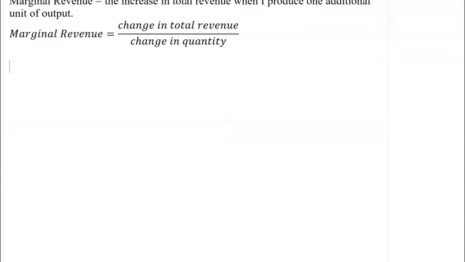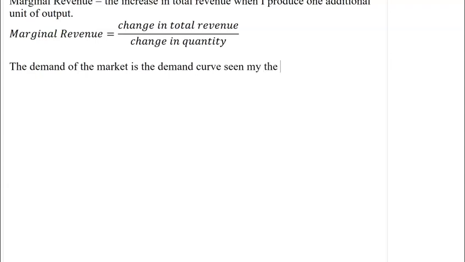Now, since the monopolist is the only seller in the market, the demand curve of the market is the demand curve seen by the monopolist. So the monopolist just sees the whole demand curve in this market, in this city, or in this region, and that is the demand curve that they face.